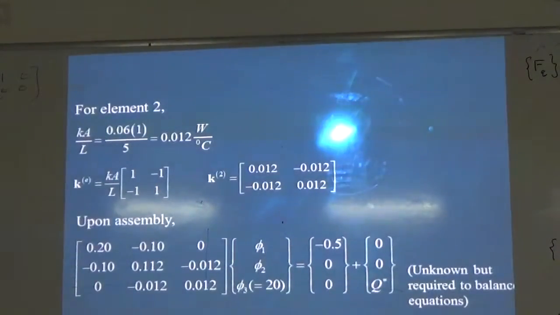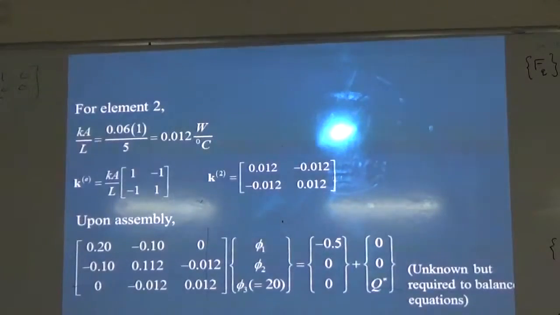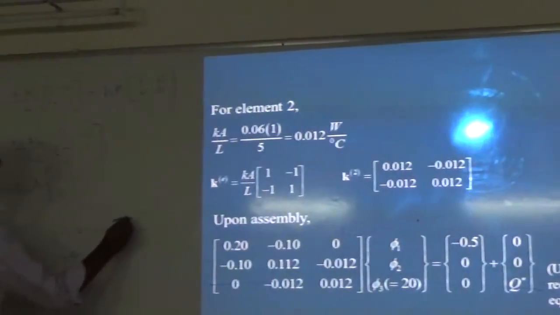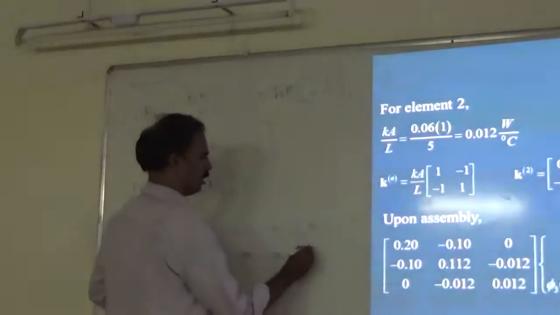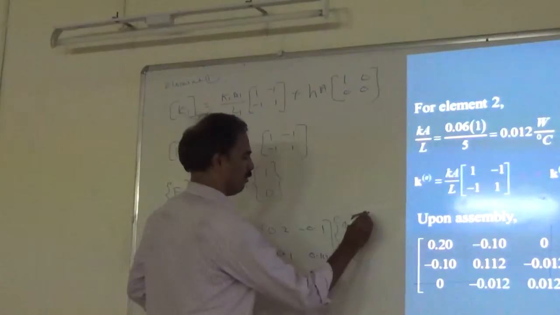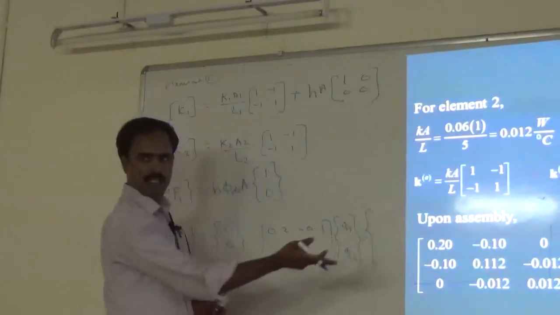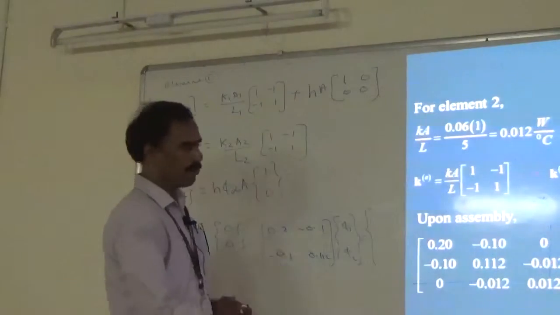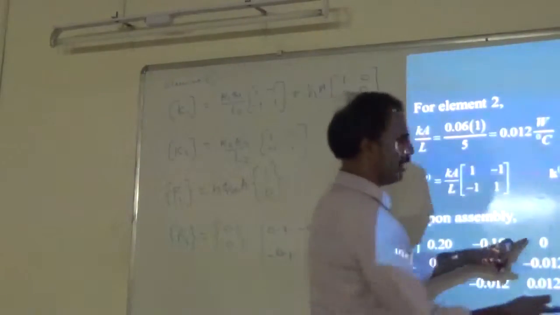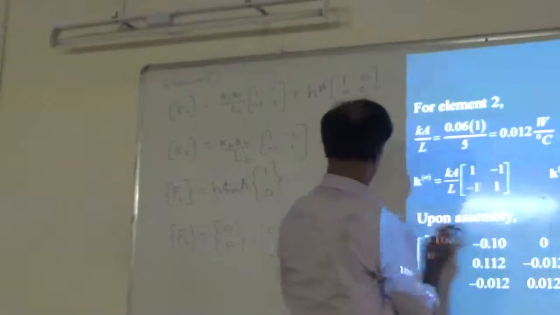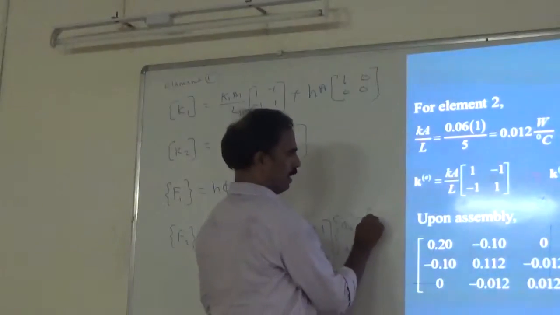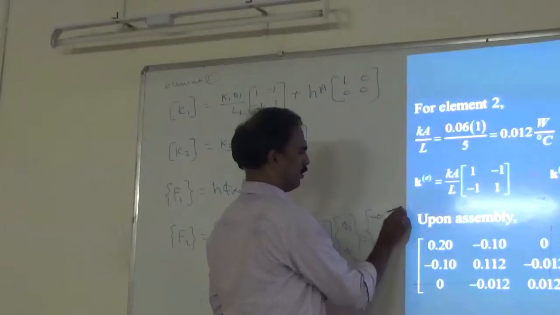0.2, minus 0.1, minus 0.1, 0.112 multiplying phi 1 and phi 2. Then you have to be very careful that on this side you have to make some modification. Since we are removing this column, you multiply the specified value 20 with 0, so there is no need to make any change there. So minus 0.5, minus 0.